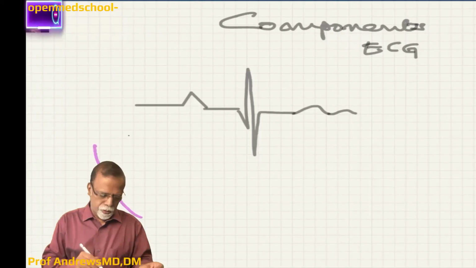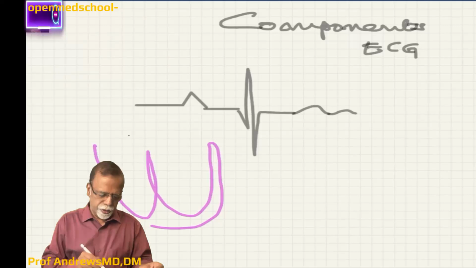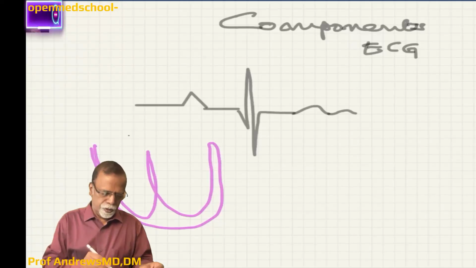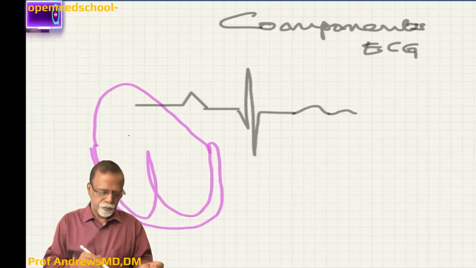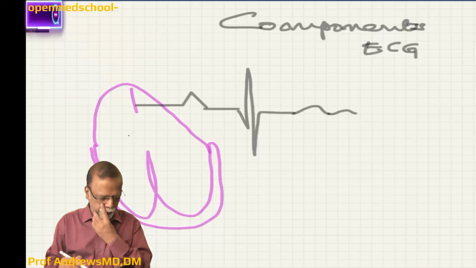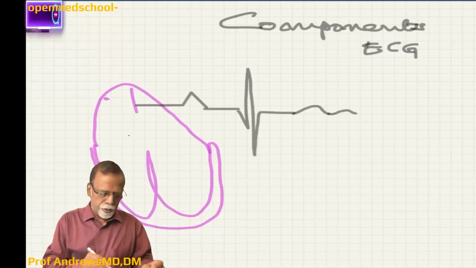So draw the heart like this. This is the ventricle. This is the atria, right atrium and left atrium. In the sinus node, the impulse is generated. It depolarizes the atrium, right and left atrium.